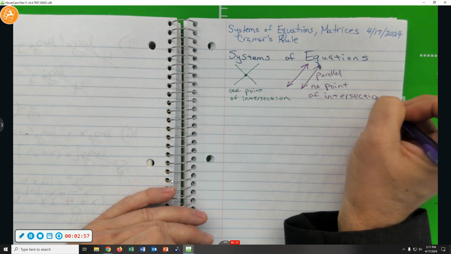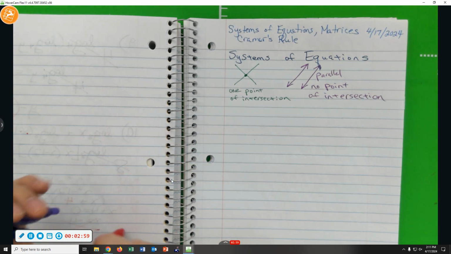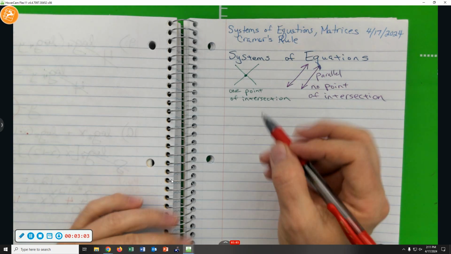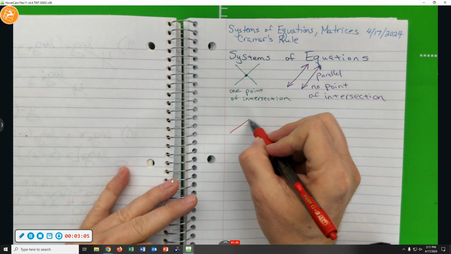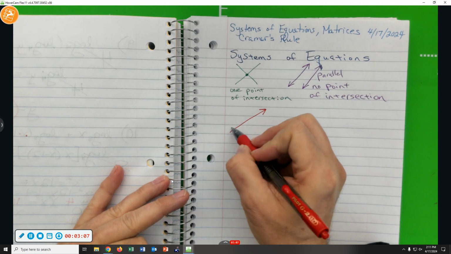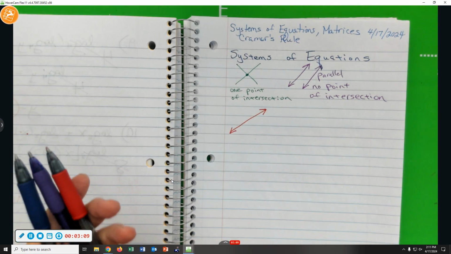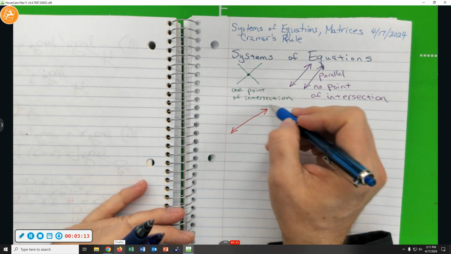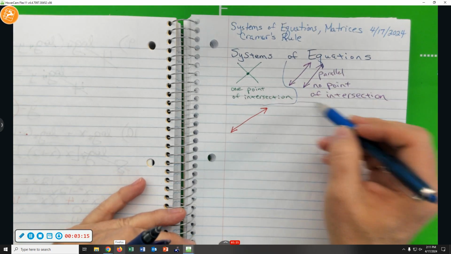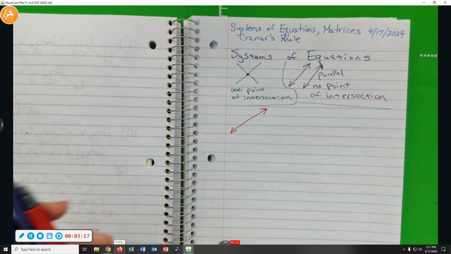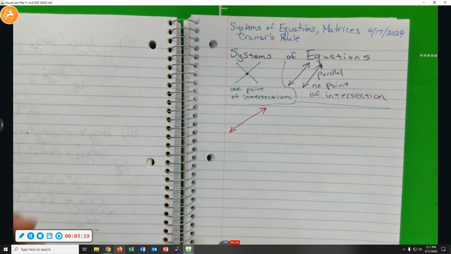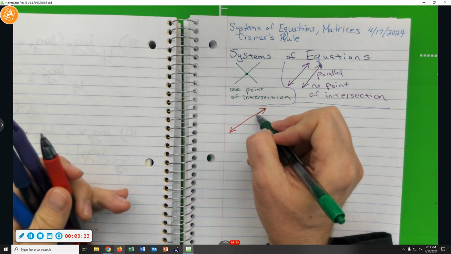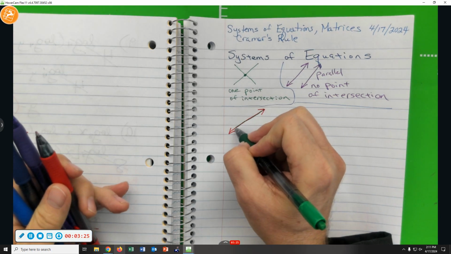There's one other case, sort of a case that people generally don't think about. It's called coincidental lines. There are three possibilities. There's the first possibility. There's the second possibility. Here's the third possibility. You have one line, and then you have the second line sitting right on top of it.